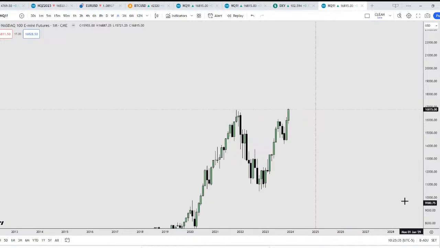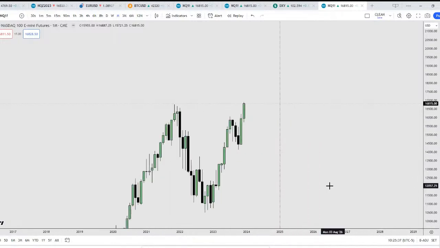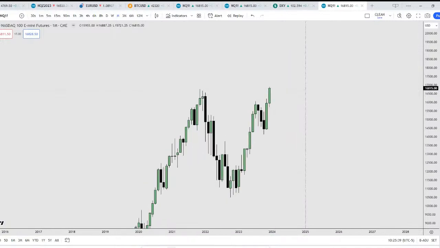As you can see, the highs are not tapped into. Okay, so there are two things that you can observe from here. Nasdaq is way more bullish than ES, right?